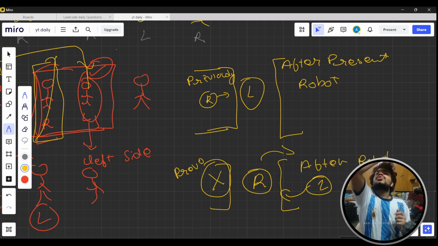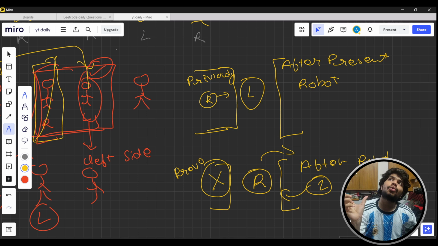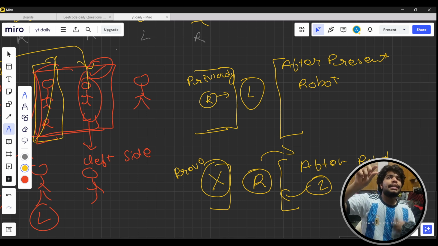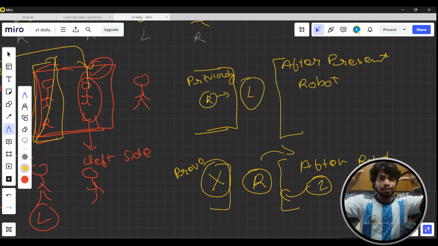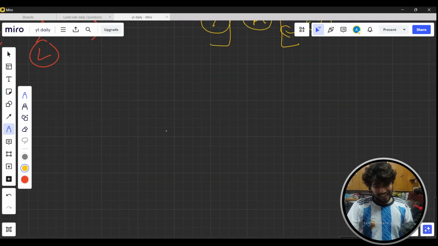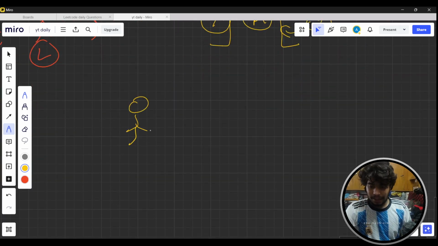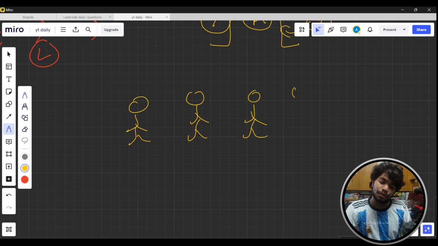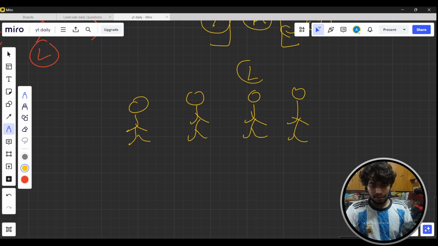So can I just do that? I can store my right direction robots while traversing, and if there is a left direction robot, I will collide them both. If left direction wins, okay. So can I just do that if I have robots and this robot is moving in left direction?